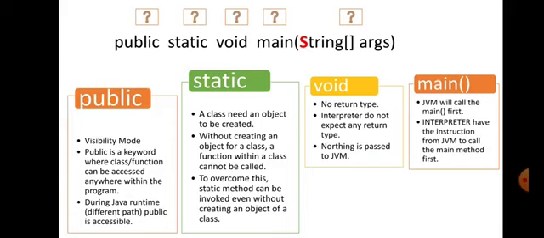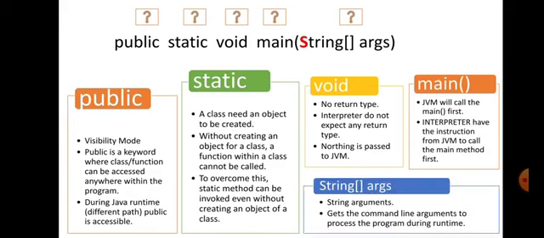We will move on to the next one, which is called String args. String args is nothing but the string argument. Second point, it gets the command line argument to process the program during runtime. What is the command line argument? For example, to add two numbers, you need those two numbers from the user.